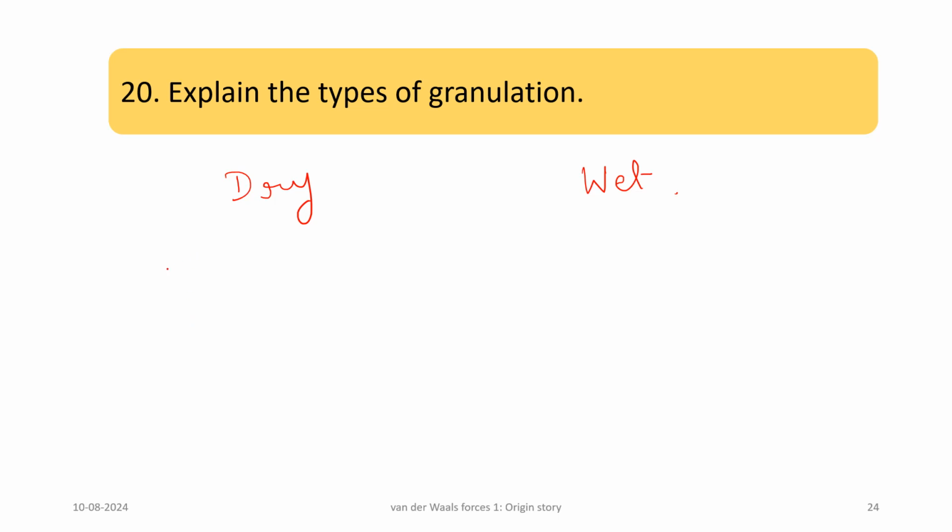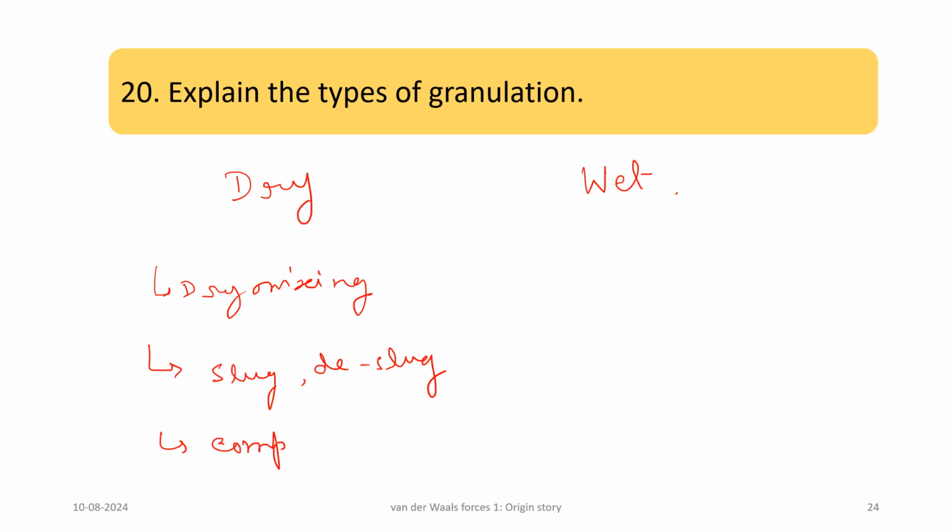Under dry granulation comes dry mixing of particles, then slugging and deslugging, and third is compaction. And in wet granulation, the first one is aqueous and the second one is non-aqueous.